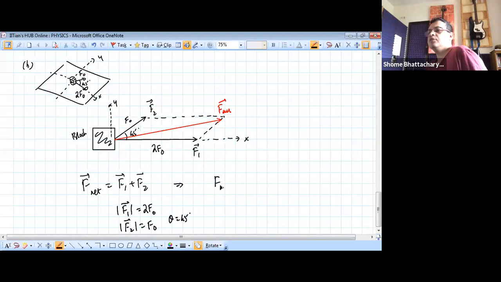So the magnitude of the net force will become square root of F1 square plus F2 square plus 2 times F1 F2 cos theta.